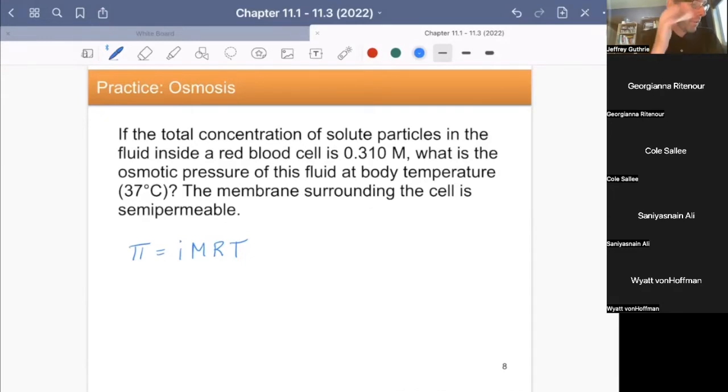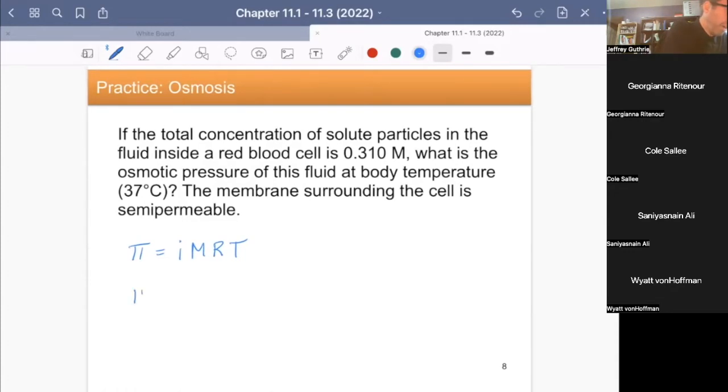Okay, so we have pi equals IMRT. Since we haven't talked about I yet, we're still going to assume it's 1. M is molarity, R is the universal gas constant, T is the temperature. We're given the concentration, and we're trying to find pi.